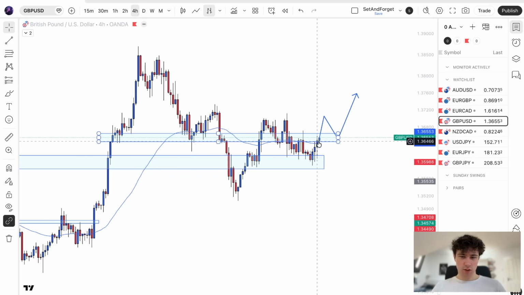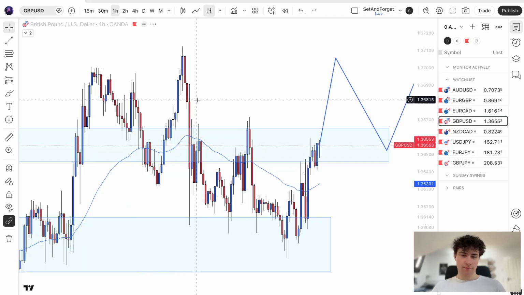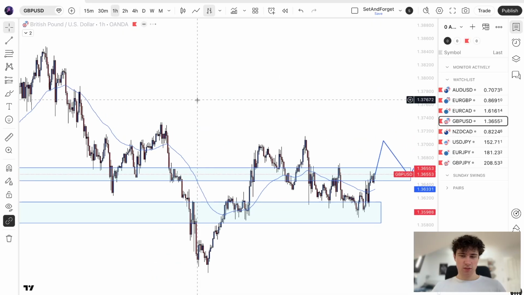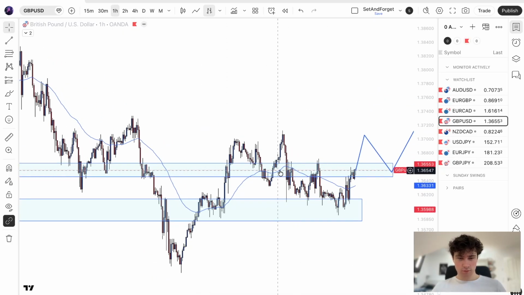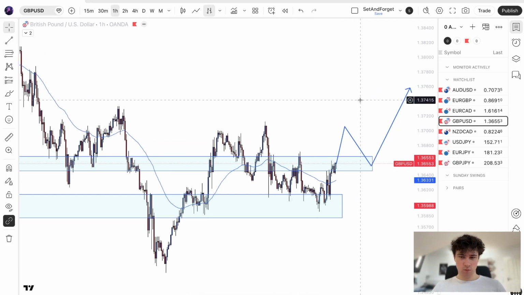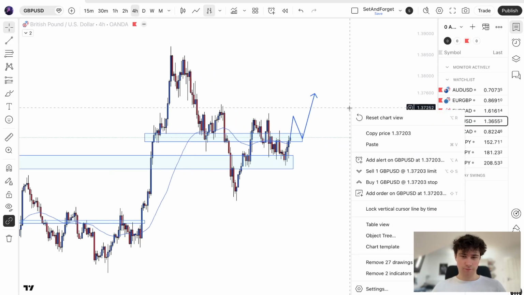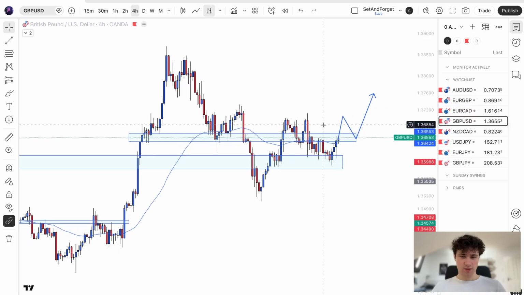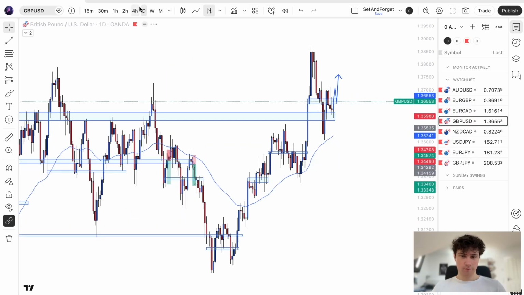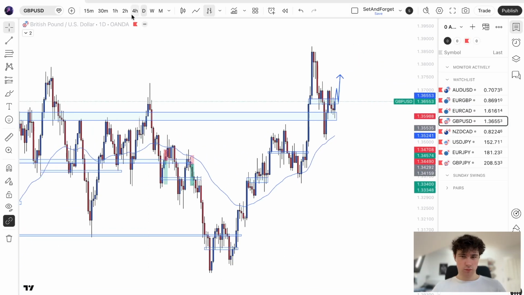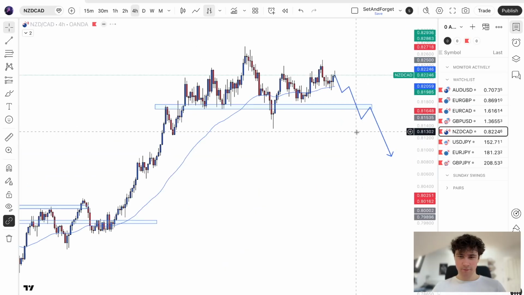So if we could get a break above this and then the retest, but maybe we don't even need this. Maybe just a move above this level and then have the retest. Yeah, something like this, but I do think it's one of the cleaner trades.